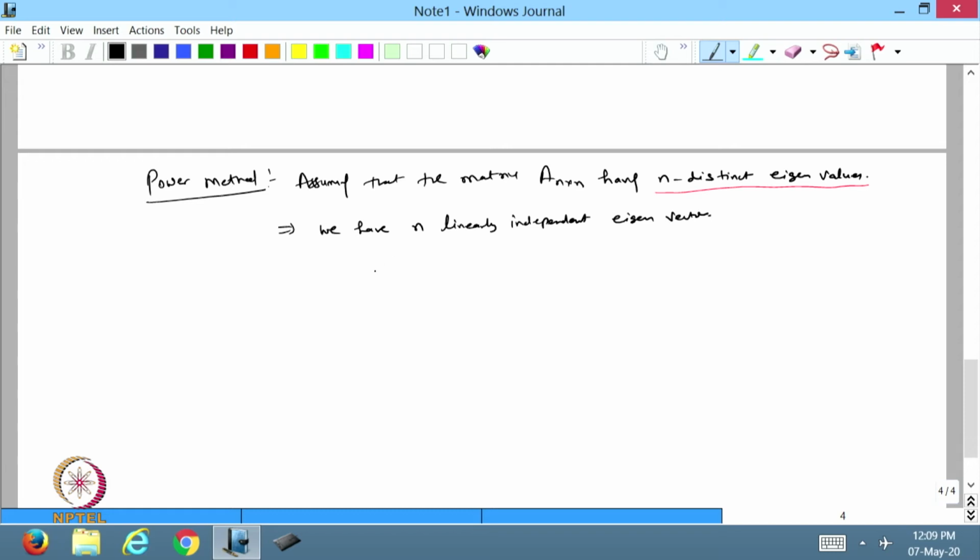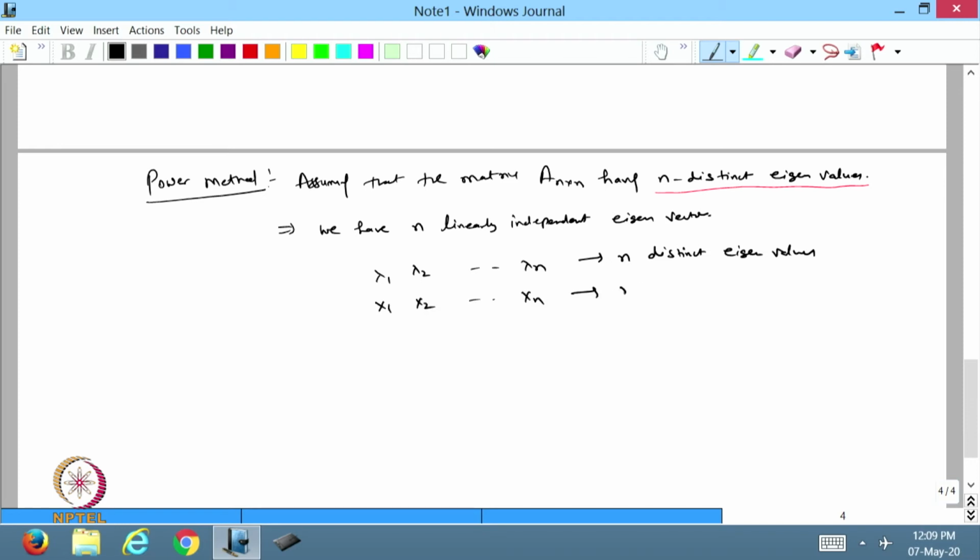So, we have lambda 1, lambda 2 up to lambda n, these are n distinct eigenvalues, and I take V1, V2, Vn, or we can take this as x1, x2, xn.